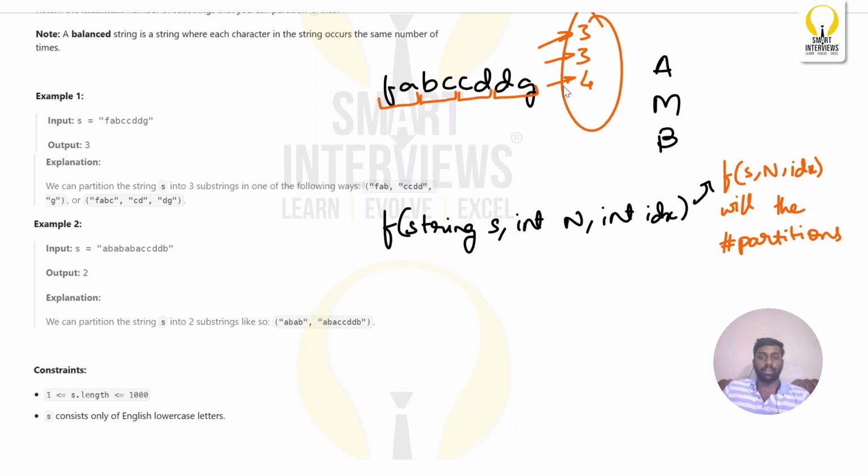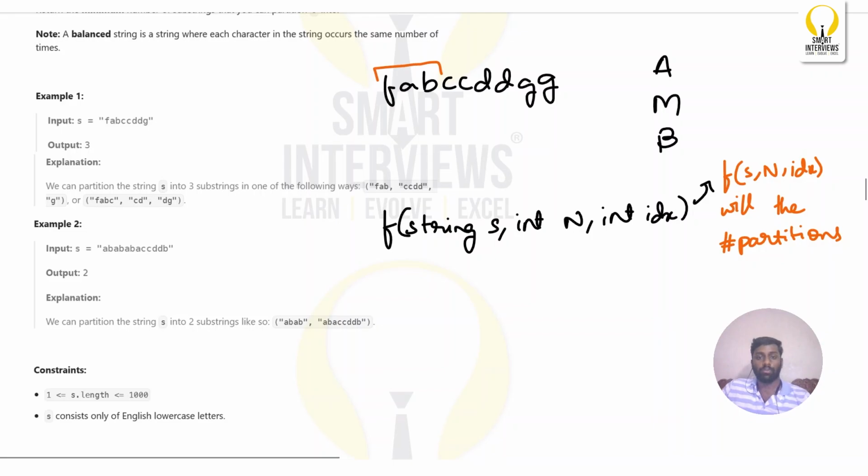A better example would be something like, if you take, let's say, CDGG. Now, FAB would be a partition, or if you make FABC as a partition, then CD would be a partition, DG would be a partition, G would be a partition.